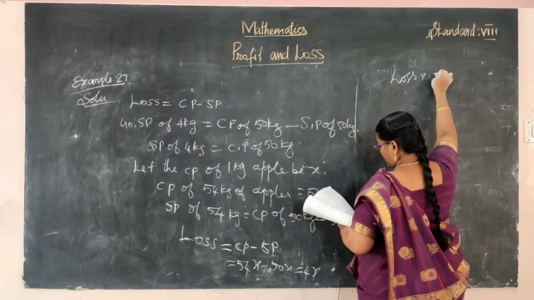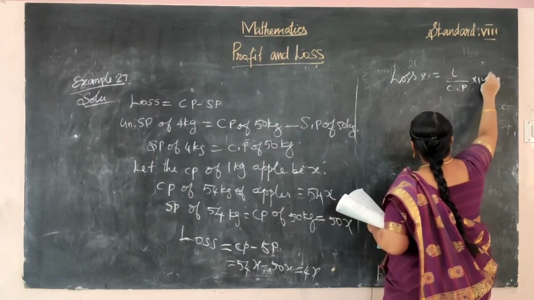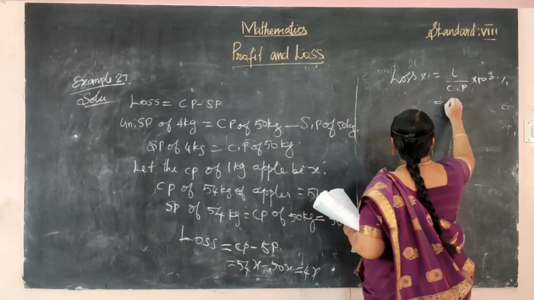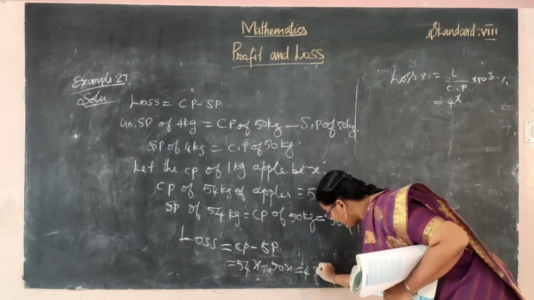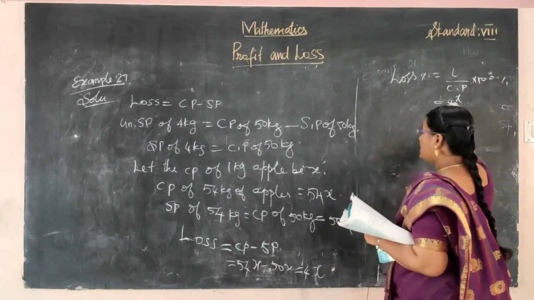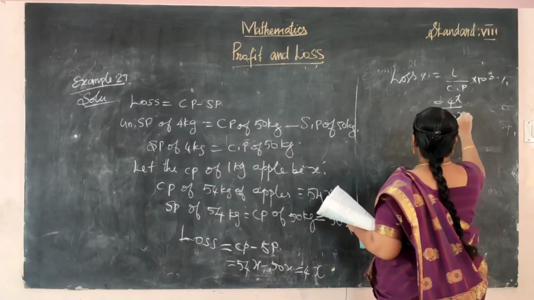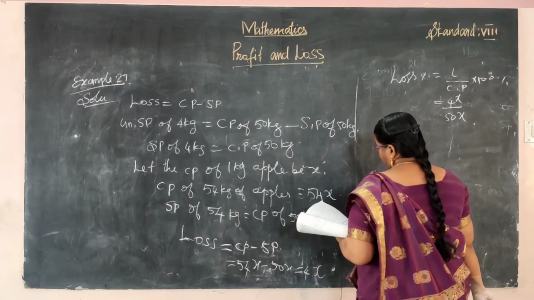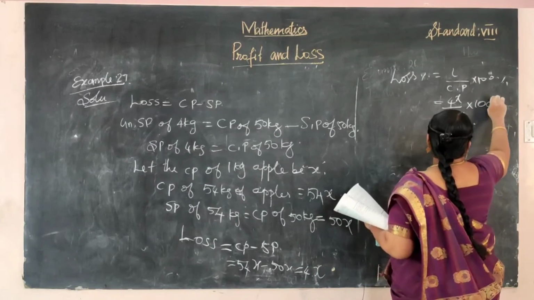Loss percentage is equal to loss by CP into 100 percentage. So loss is 4x, by CP 50x, into 100 percentage.